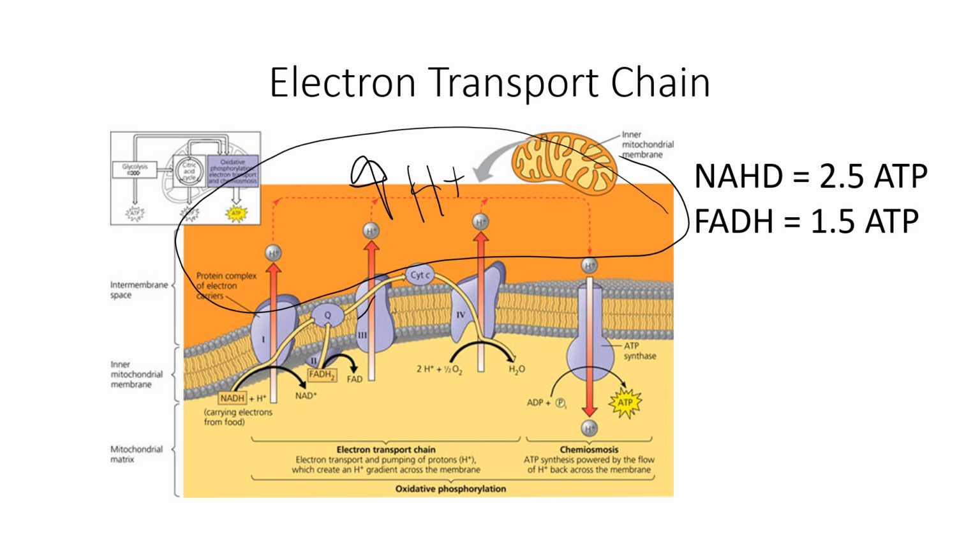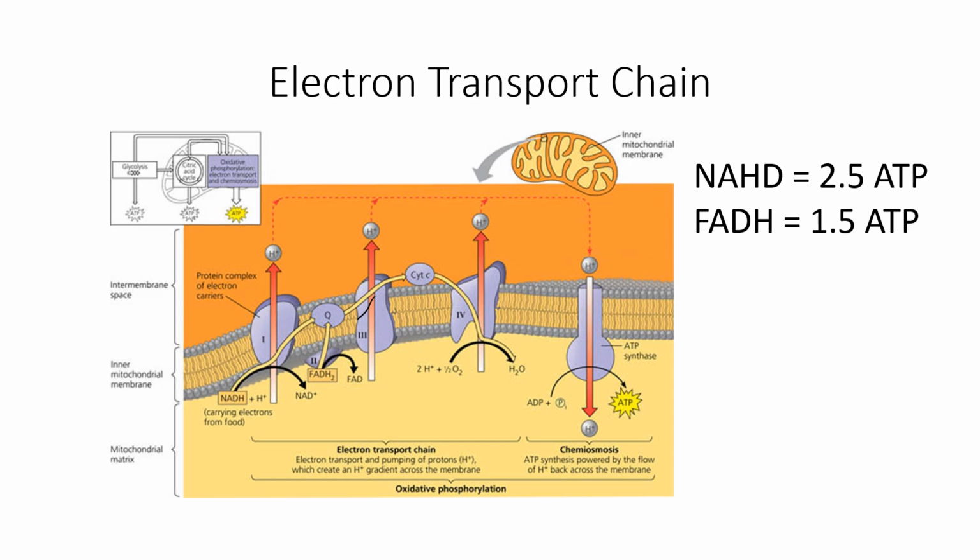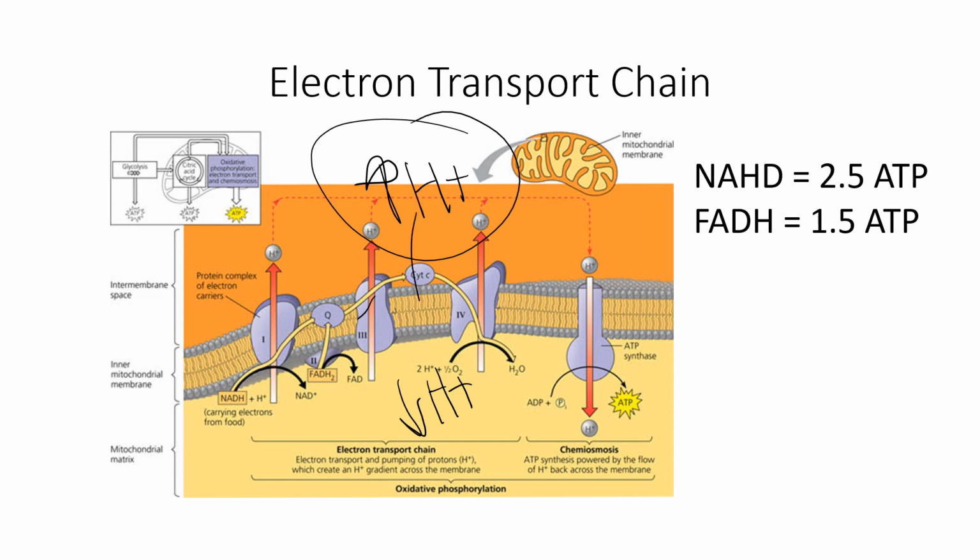And as these hydrogen ions accumulate in the inner membrane space, that's going to do two things. It's going to create a chemical gradient, meaning that there's going to be a higher concentration of hydrogen ions in the inner membrane space than there is in the matrix. What do we know about chemical gradients? Well, molecules always want to move from a high concentration towards a low concentration.